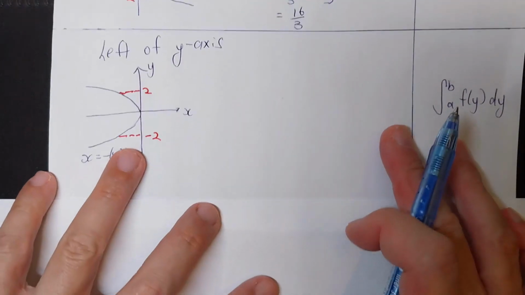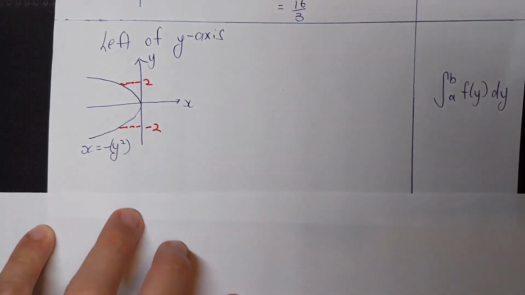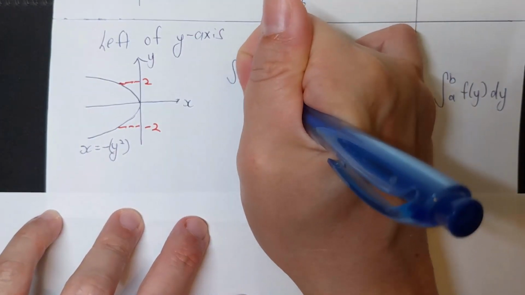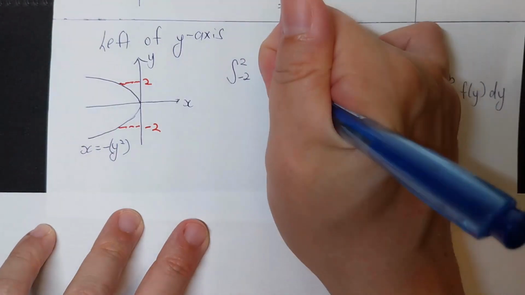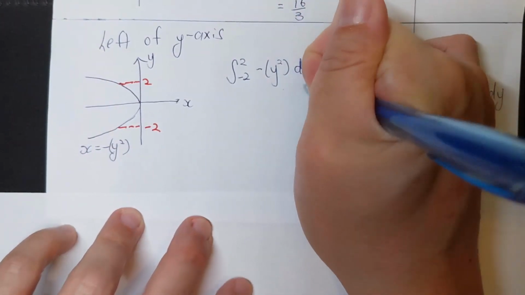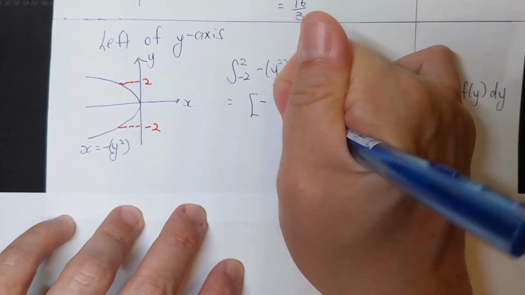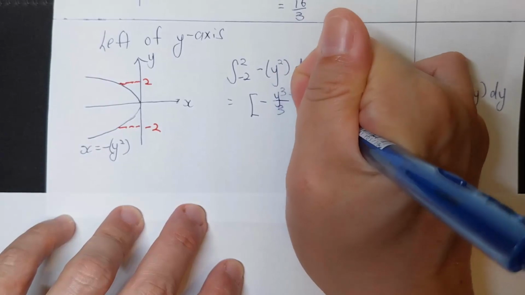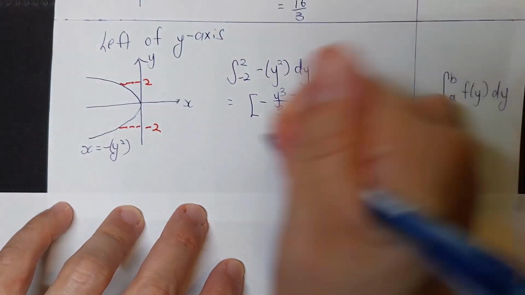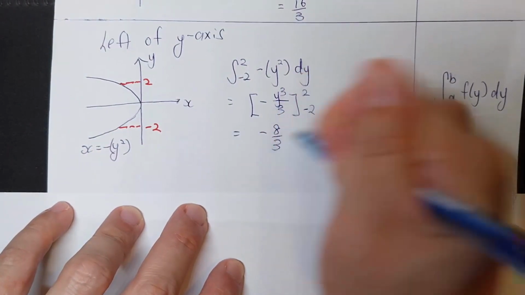Finally, what happens if the curve is on the left side of the y-axis? So we will integrate from 2 to negative 2 this new function here, negative y squared dy. We will add the power by 1 divided by the new power from 2 to negative 2. So if we sub in the value of 2, we will have negative 8 over 3.